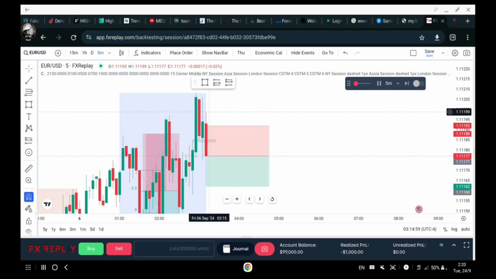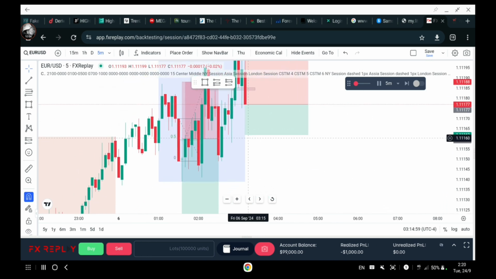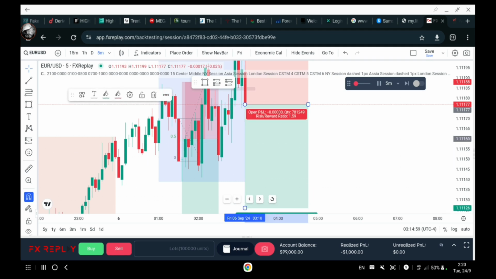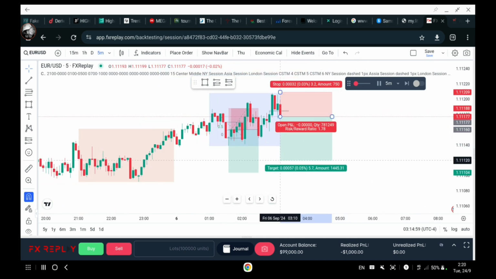It's actually clean. We execute a short position with the stop loss above the high, targeting a 1 to 2. If we take this loss, we'll move to the next day, we'll be done for the day. Or if it hits TP, we'll be up 1%.